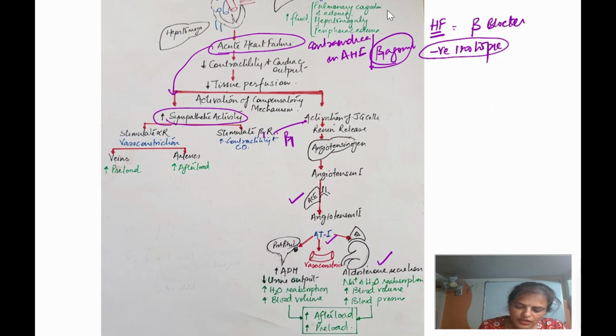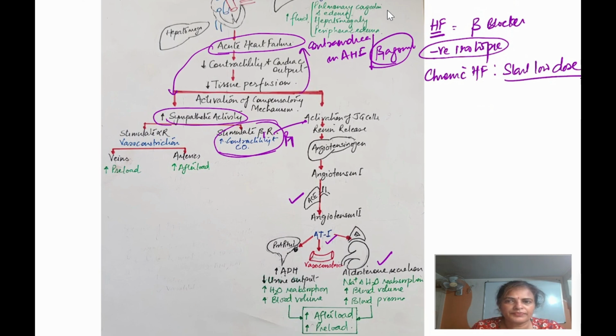Even in chronic heart failure, how do you have to give it? You have to start with a low dose. In compensated heart failure or chronic heart failure, you have to start with a low dose because we do not want this compensated heart failure to move towards decompensation by giving a large dose, and slowly we are going to increase the dose.